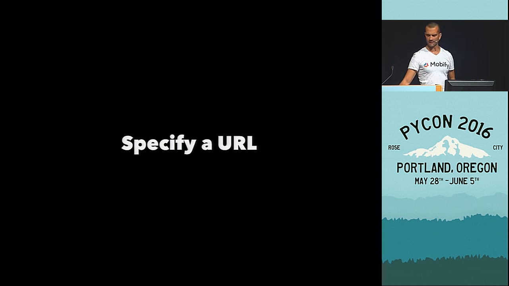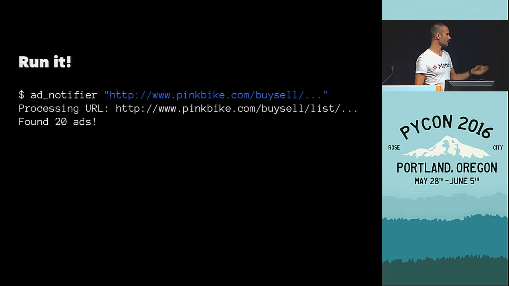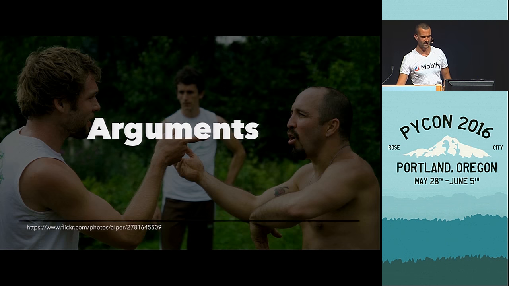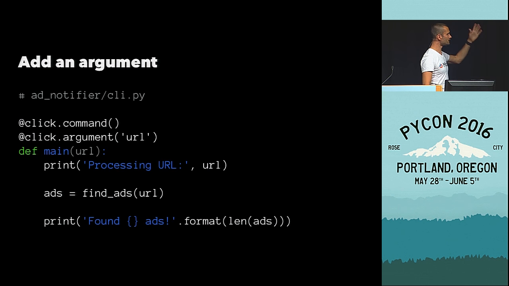So the first thing that we have to do for our little example is basically make it possible to add a URL, pass that URL into our command line client. In this case, we're basically talking about an argument. And so the way we specify arguments is using another decorator and say, this decorator is called URL.